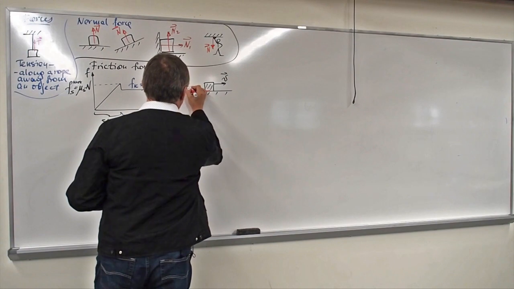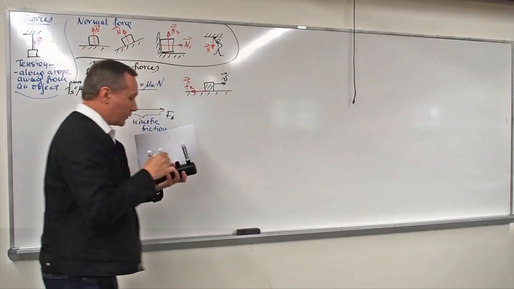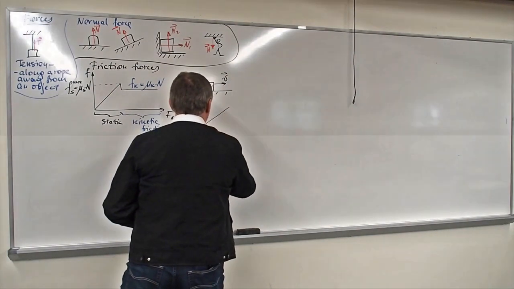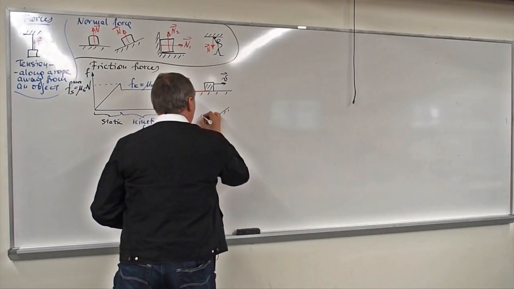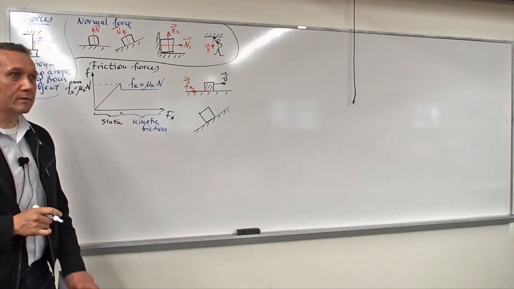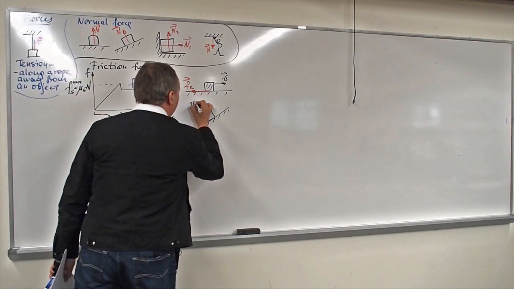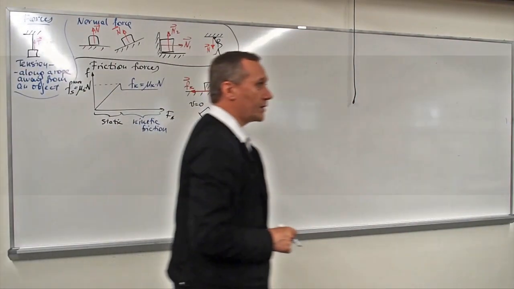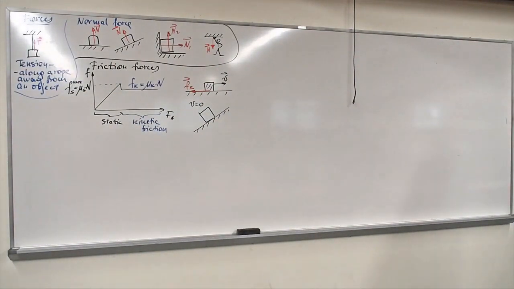This is F kinetic. But what about static? Let's assume that we have an inclined plane, and here is our object, which doesn't slide, so v equals 0. How can we find the direction of the static friction force? Imagine a situation: what if the static friction force disappeared?